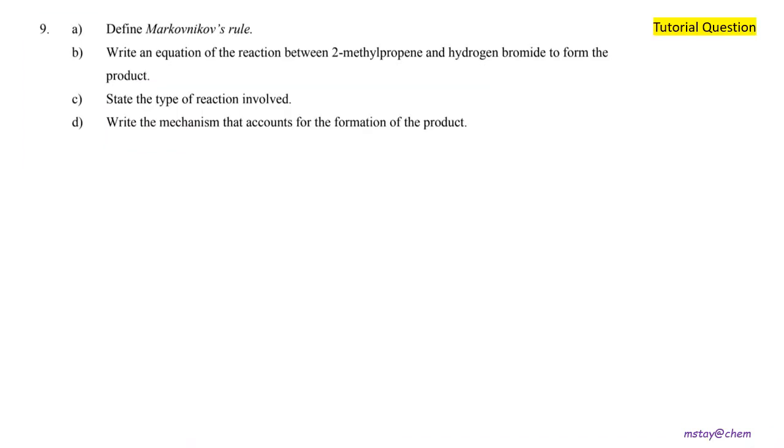Now let's proceed with tutorial question number 9D. Questions 9A until 9C we already discussed in the previous video. Write the mechanism for the formation of the above product when 2-methylpropene reacts with hydrogen bromide. If you still remember, in part B we already wrote the equation, so we rewrite it again.